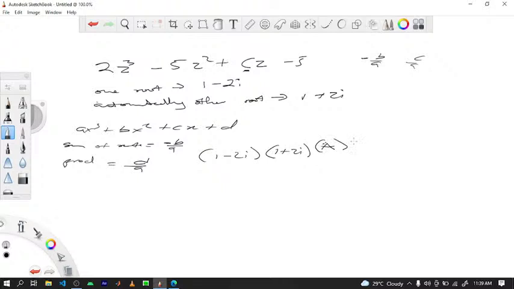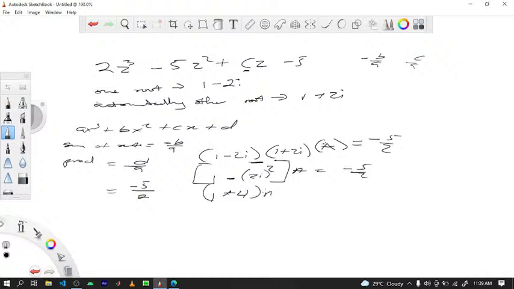The product of roots should be equal to what? The last term, which in this case is minus 5 over 2, so everything here times A should give minus 5 over 2. Alright, so 4 times A is equal to minus 5 over 2. That means A is equal to what? Minus half. So the third root is minus half, right?